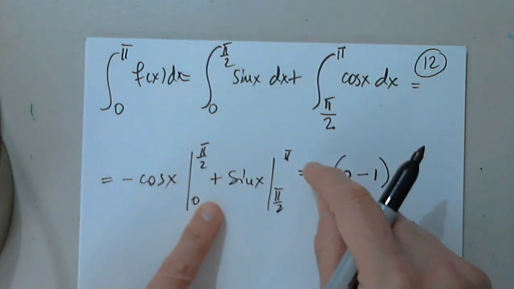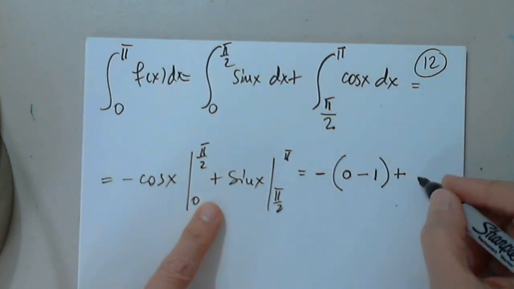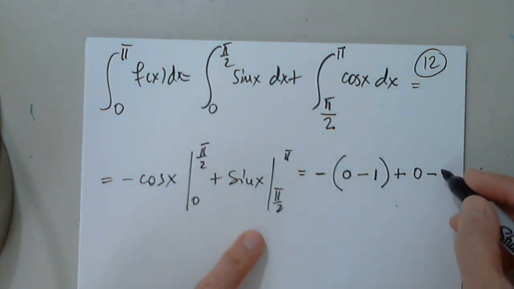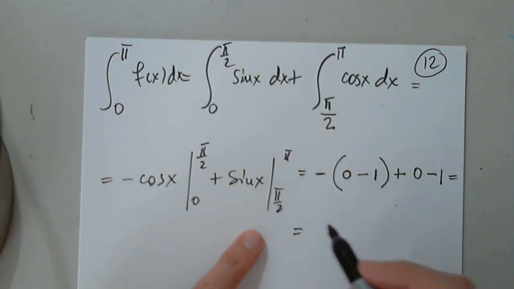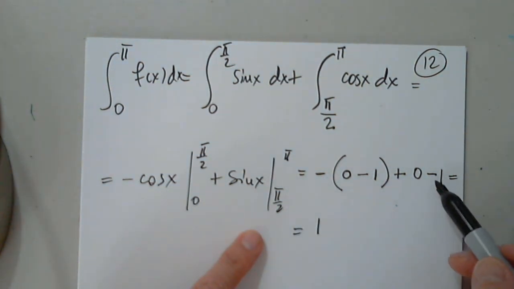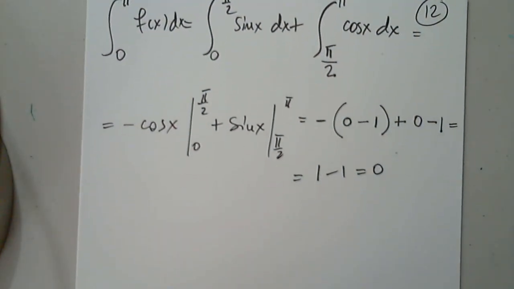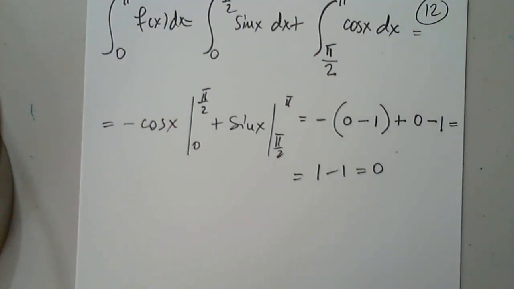Plus, when I plug in pi, I get 0. Minus, when I plug in pi over 2, I get 1. So this is positive 1, and this is minus 1, so the area is 0. By chance. Okay.